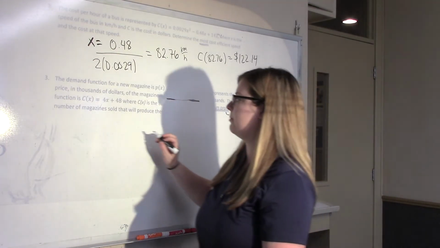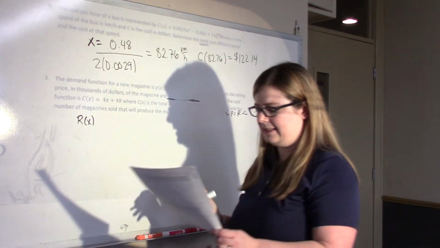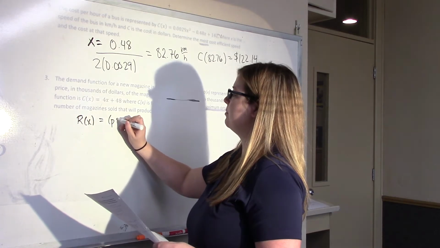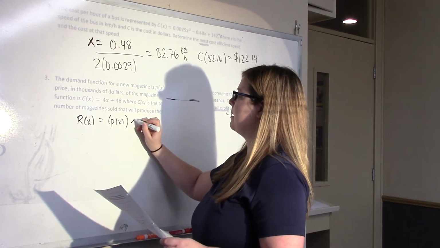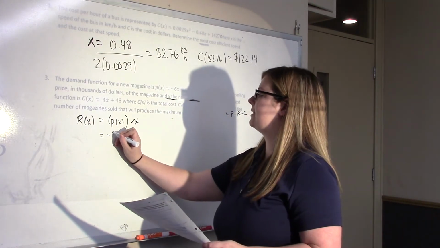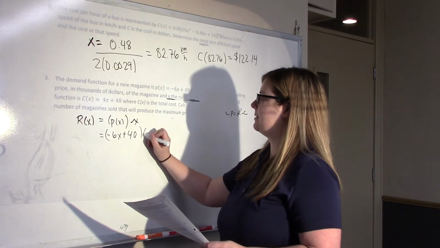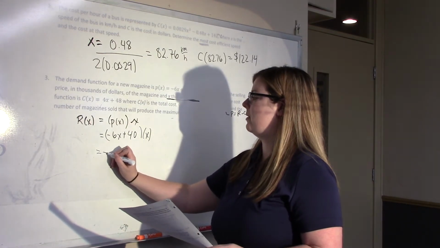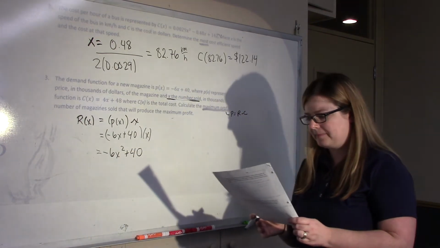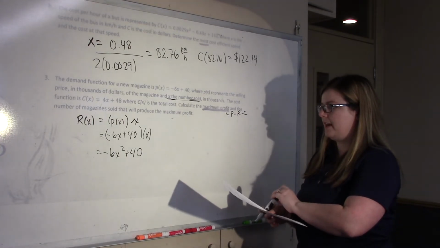So first we need to come up with the revenue function, which is the price, P at X, times the number sold, which we know is just X. So it's minus 6X plus 40, the price function, times X. So minus 6X squared plus 40X. And we're already given the cost function, so we don't need to find that.